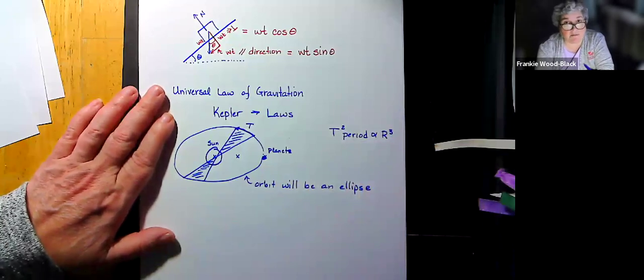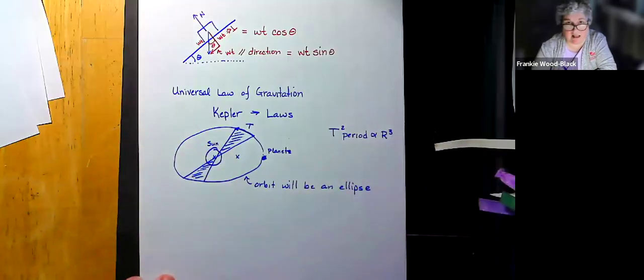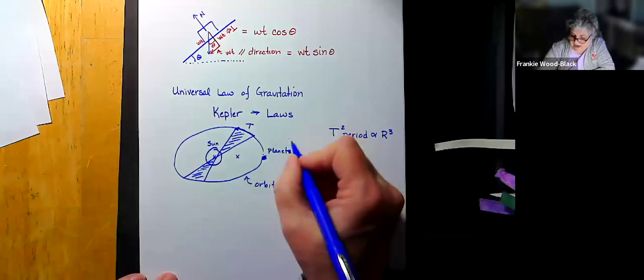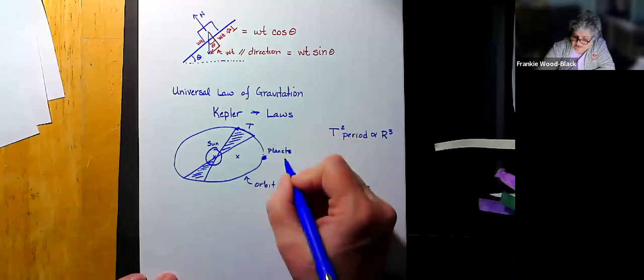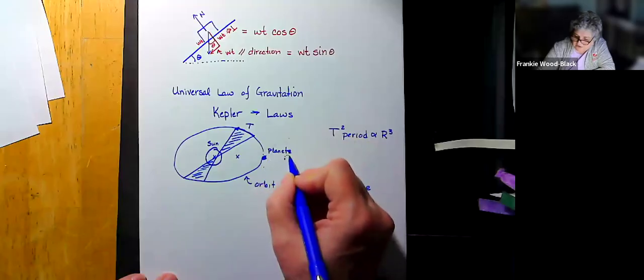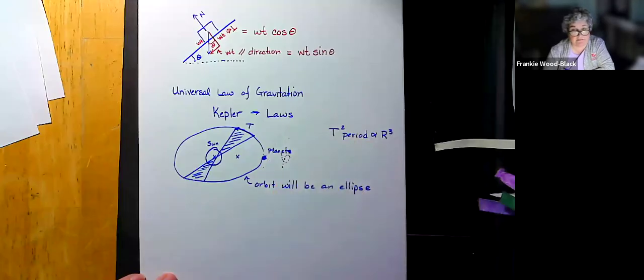Kind of an interesting observation. These areas are the same. Our period goes like that. And all of this was to explain what we saw with Mars, and we get retrograde because if this is the Earth and Mars is out here, as we move around, Mars appears to do this loop-de-loop thing in the sky.